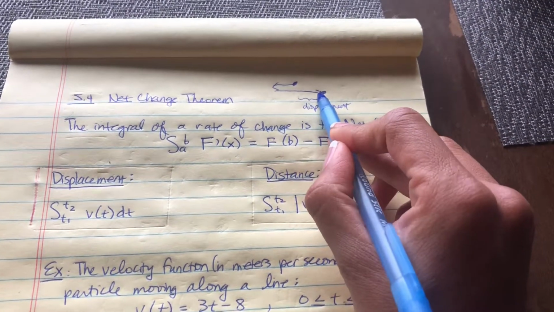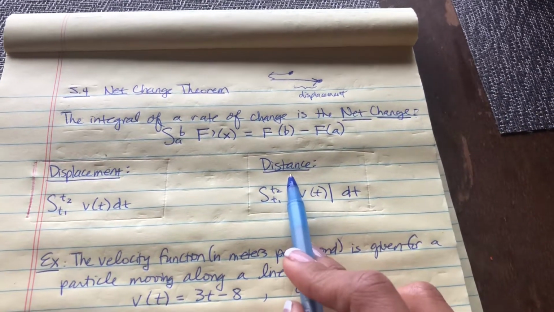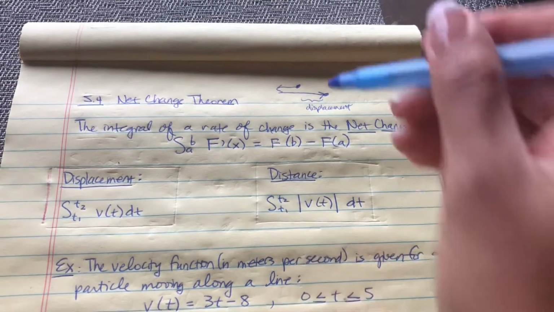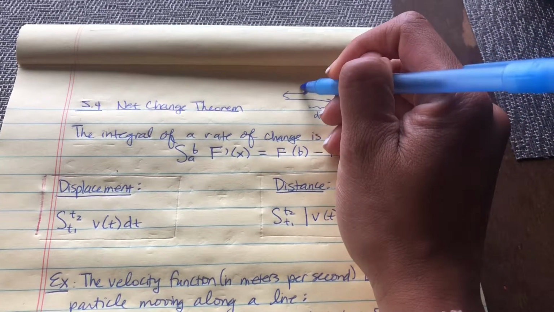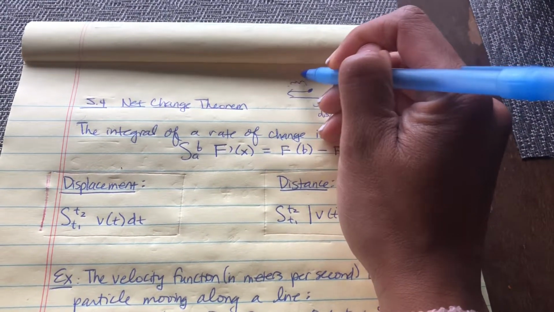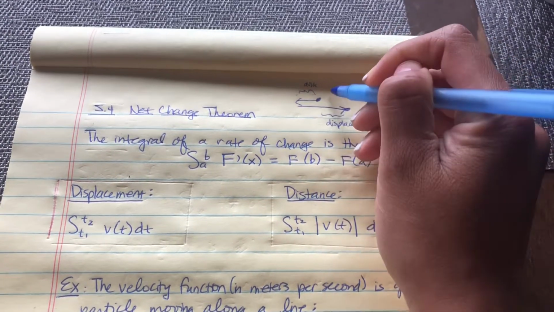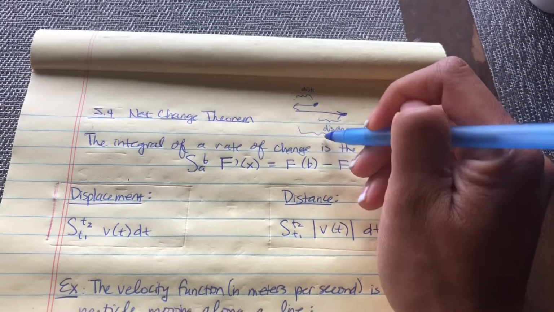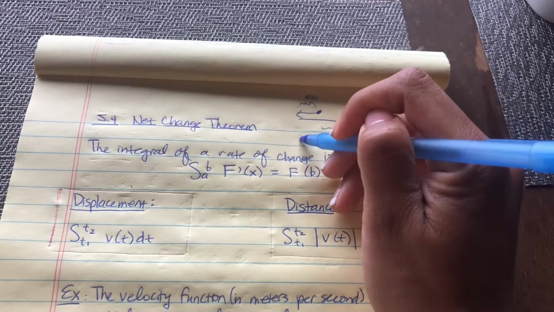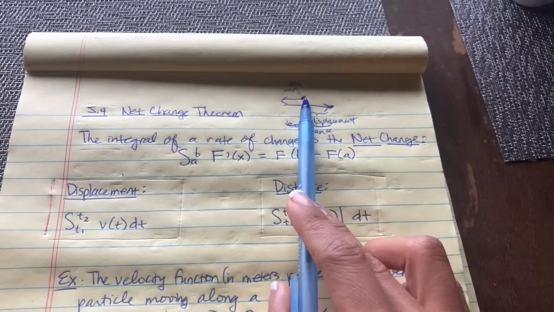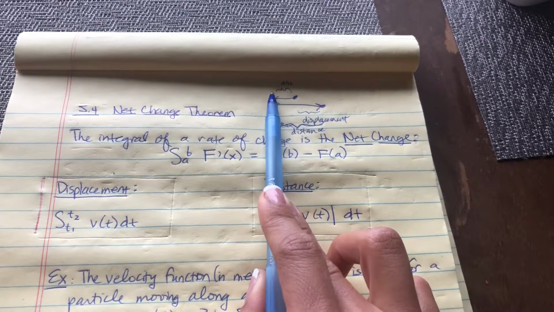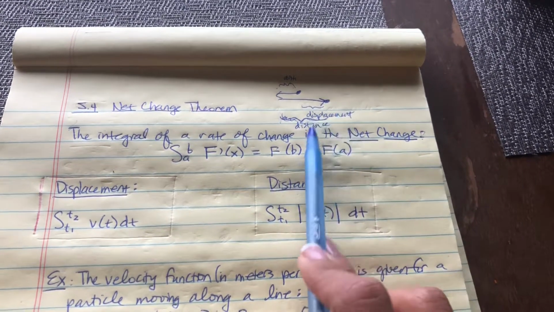Now the distance is the distance that it traveled. So the distance that this particle in this example traveled is it traveled here, plus it traveling here. So the distance it traveled would account for it going backwards and then moving forward. So that's called distance.